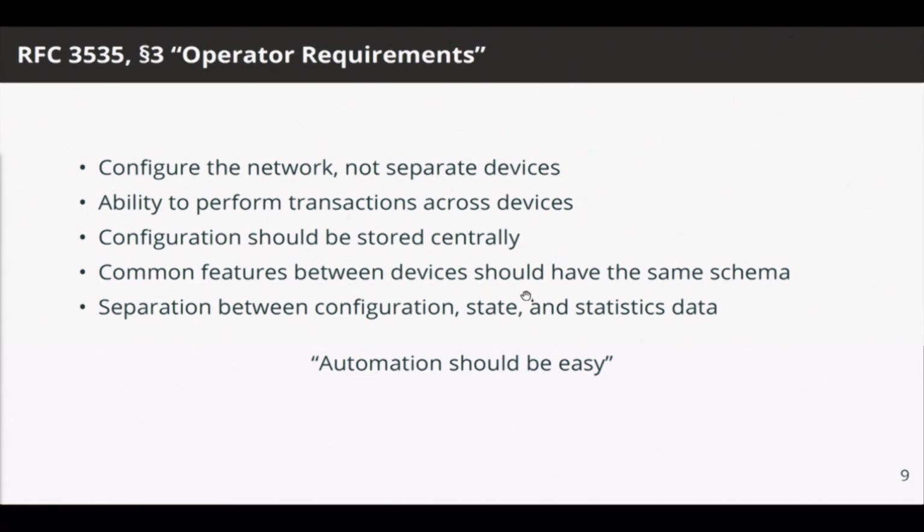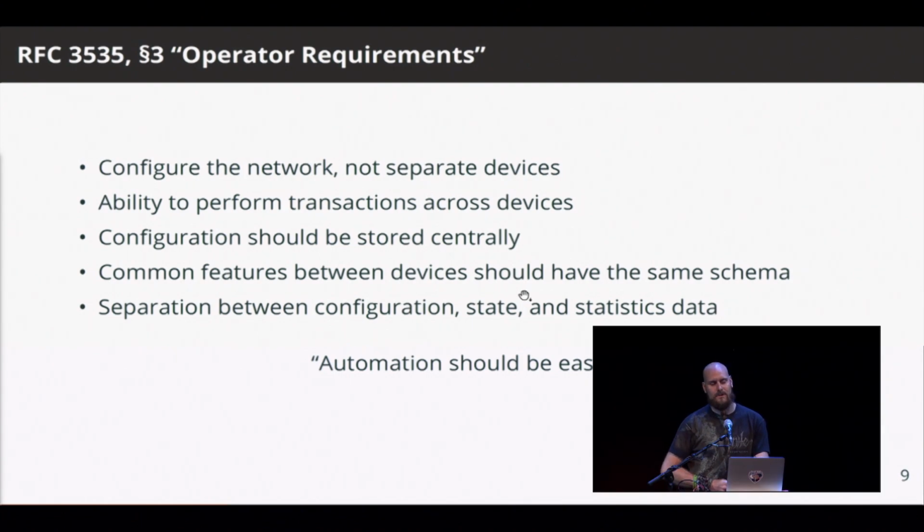In section 3, they have the operator requirements, where the IAB describes what properties a proper network management solution should have. And it all boils down to: automation should be easy, and things that are common between vendors and devices should also have the same schema and be common. And this is where YANG and NETCONF come from.